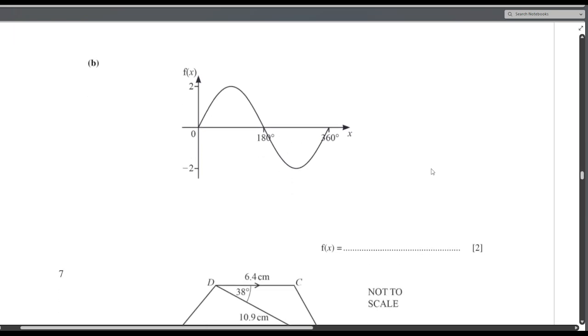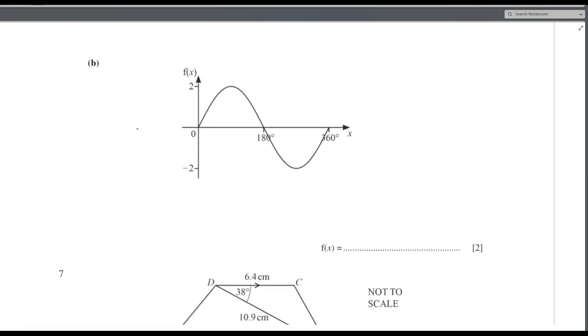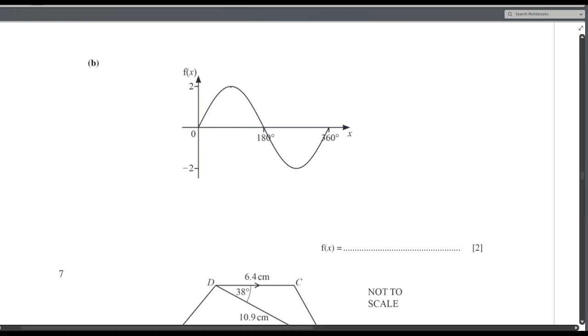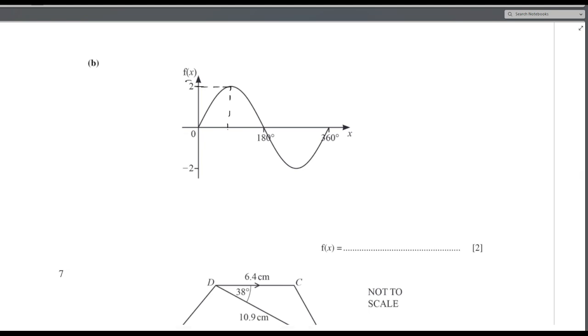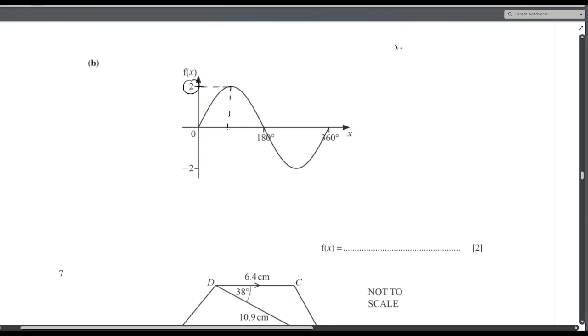Now the b part. This function you can easily identify as a sine curve. For normal y equals sin x, this point is 1, but here it is 2, so sin x will be multiplied by 2, as your amplitude here is not 1, it is 2. This part is your amplitude, so f(x) equals 2 sin x.